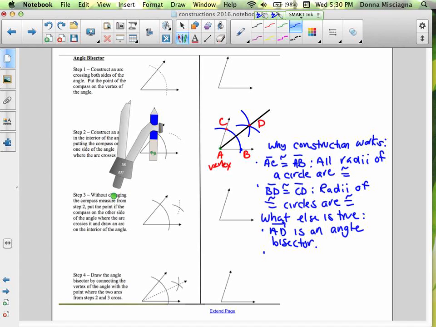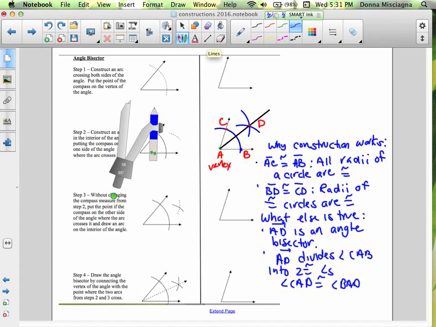The other thing we know is that ray AD divides angle CAB into two congruent angles. And that means that angle CAD is congruent to angle BAD.